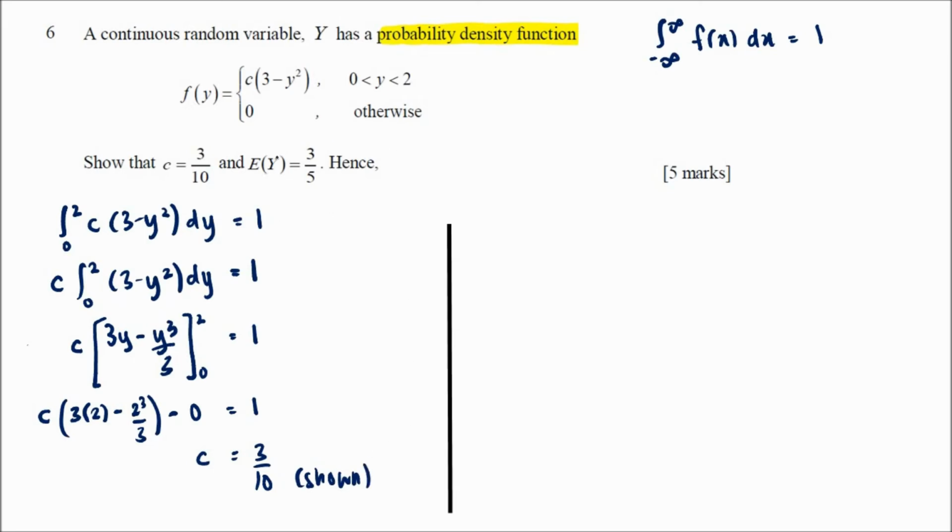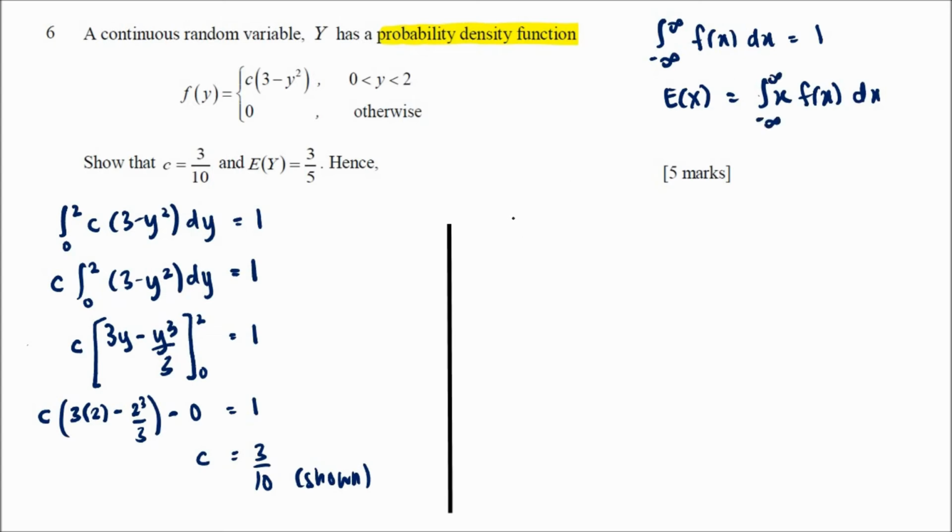Now for the second part, expected value of y equals 3 over 5. The formula for E(y) or E(x): remember that we have the integration of x f(x) dx, and the limit is from negative infinity until infinity.